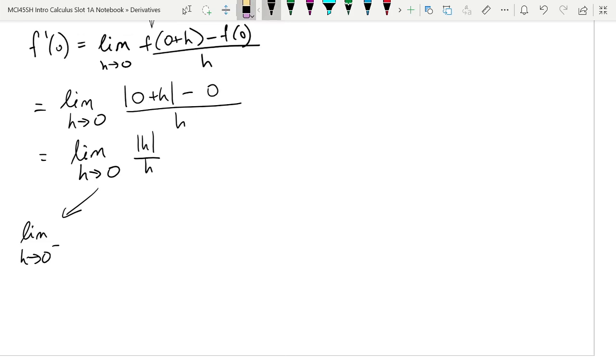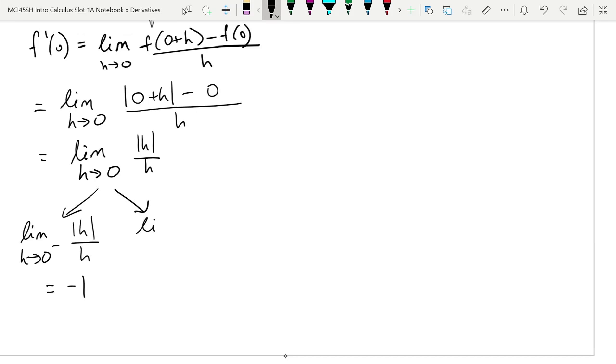Think about it. Well, h divided by h is just 1. But if you plug in a negative value, because I am approaching 0 from the left, so I'm approaching it with a negative value, the bottom's going to be negative, and the top is going to lose that negative. So this is actually going to equal negative 1.